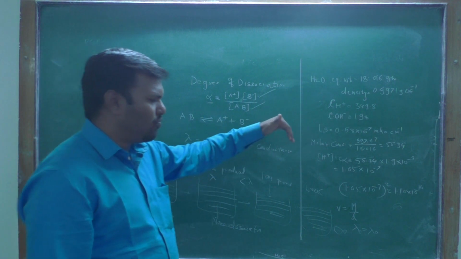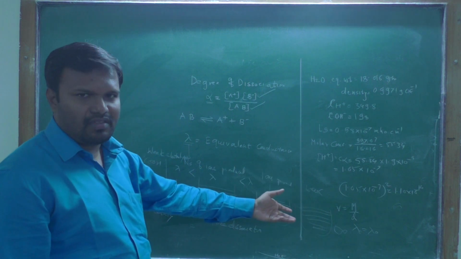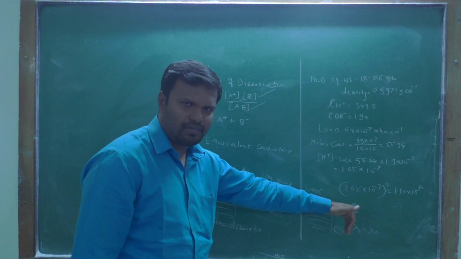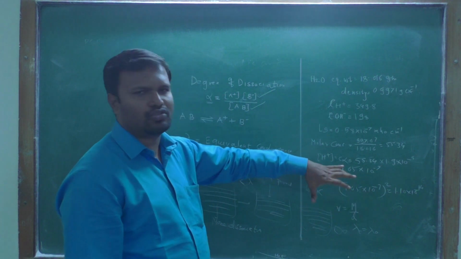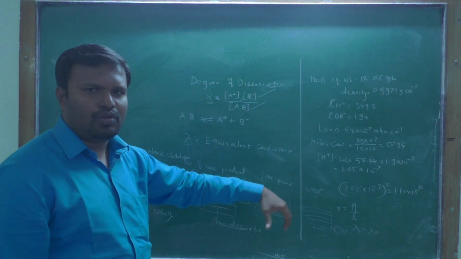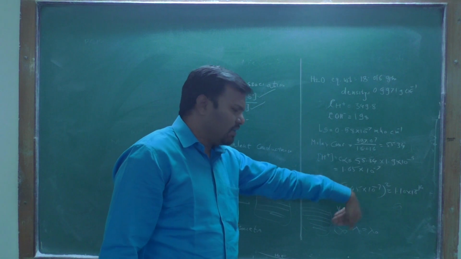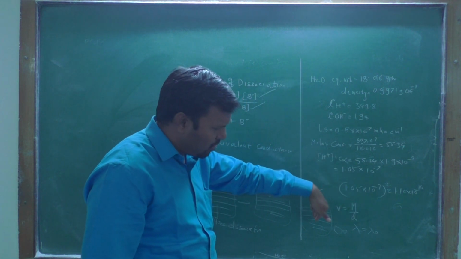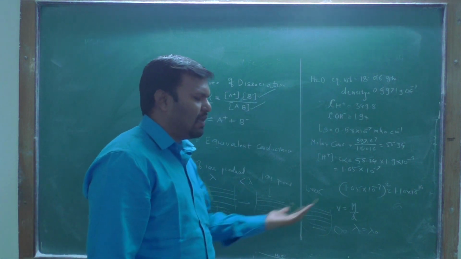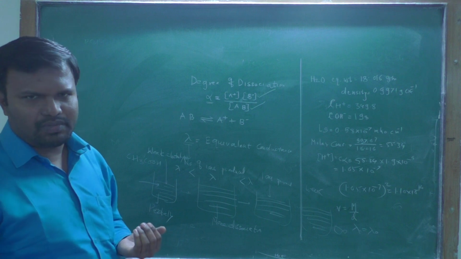Further addition of solvent dilutes it, but the number of ions does not increase further, because it is already all dissociated. So no further increase in equivalent conductance takes place.